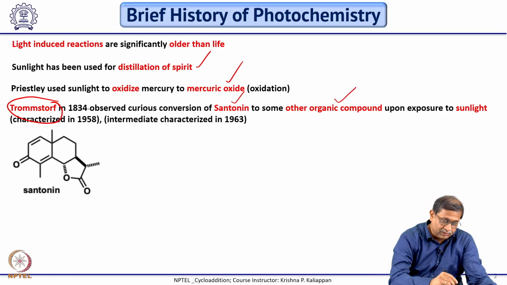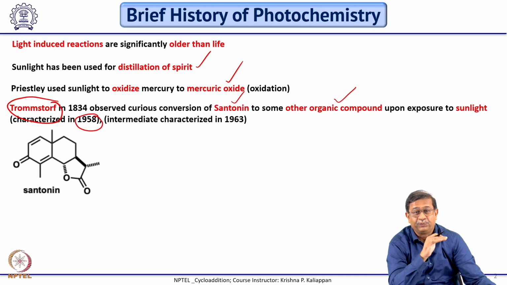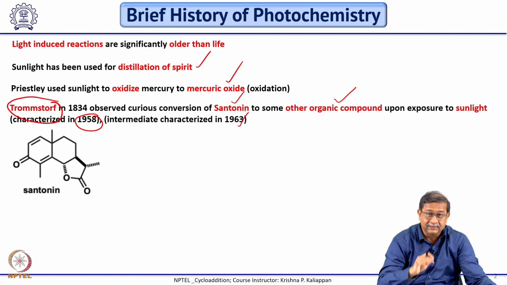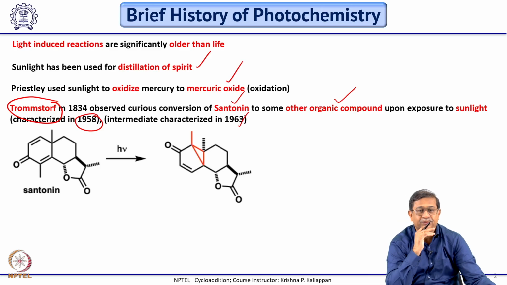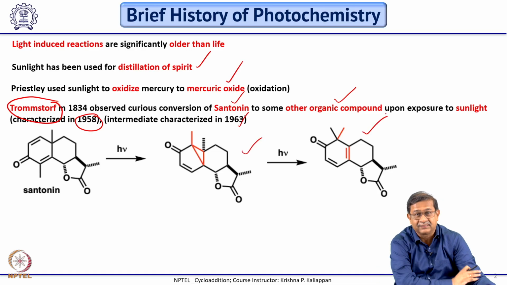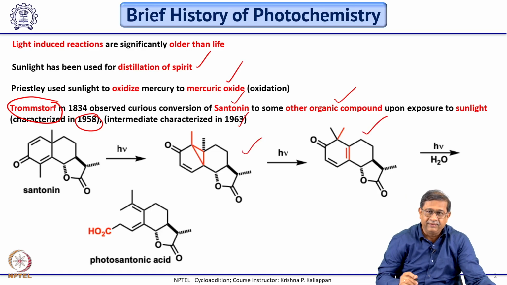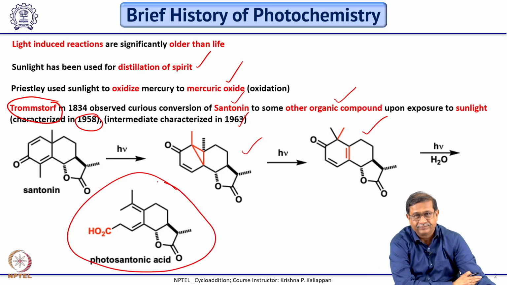It took almost 125 years, until 1958, to know what compound was formed on exposure to sunlight. Five years later, the intermediates between santonin and the final product were also characterized. It went through a series of intermediates, particularly these two, characterized in 1963, on the way to photosantonic acid.